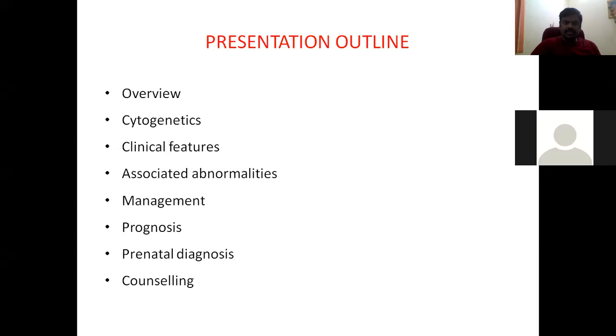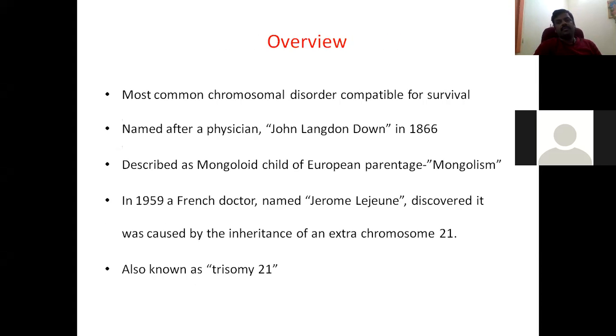Okay, so in an overview, Down syndrome is the most common chromosomal disorder that is compatible with survival. The reason we see so many Down syndrome cases is that this is one of the most common chromosomal disorders compatible with survival. All the remaining ones will go for miscarriage.